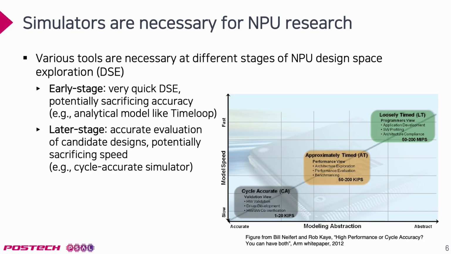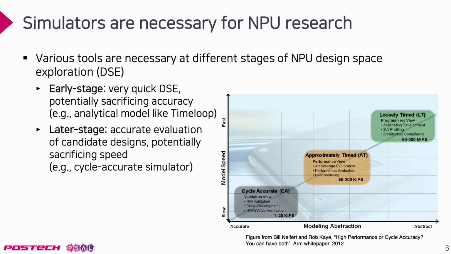Later, when you have narrowed down the design choices into a smaller number of designs, you'll need to evaluate their performance accurately, even if you have to sacrifice speed. So such tools will be placed in the lower left corner of the plot.